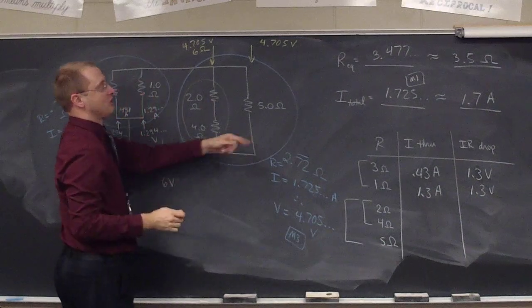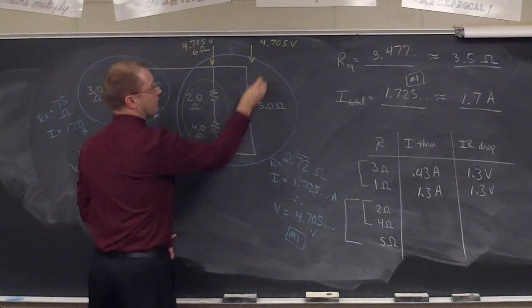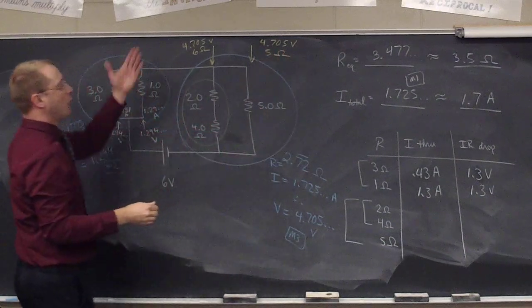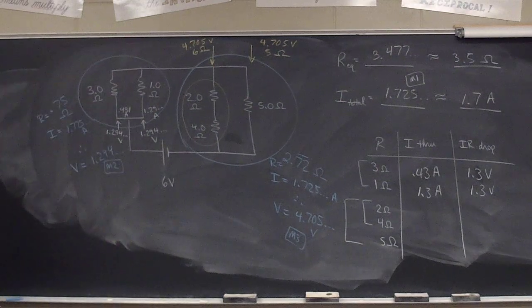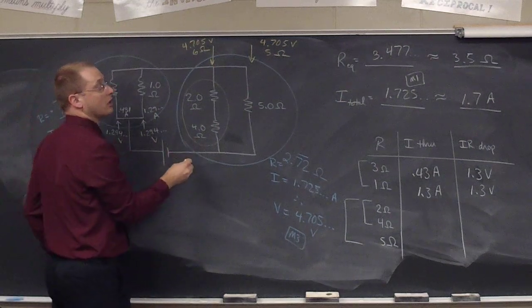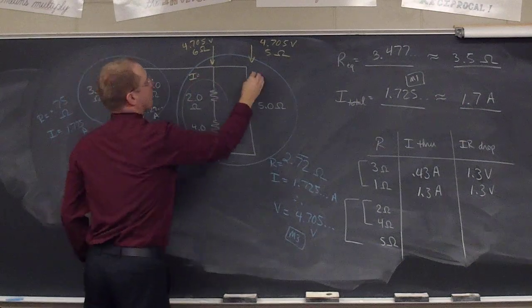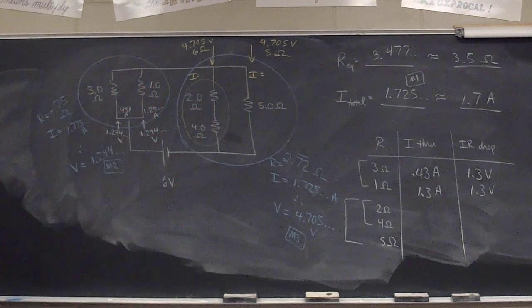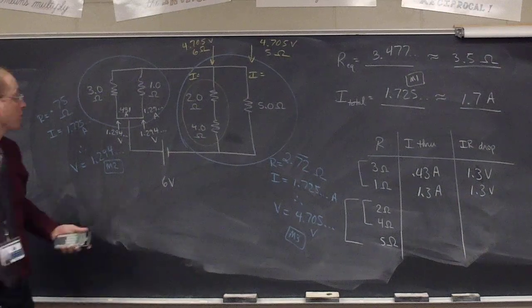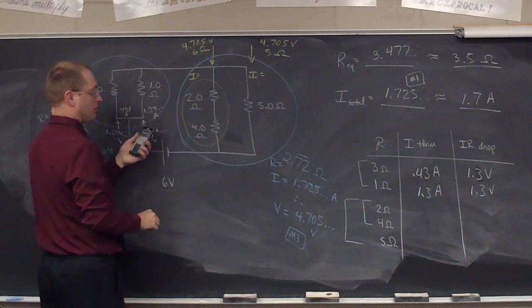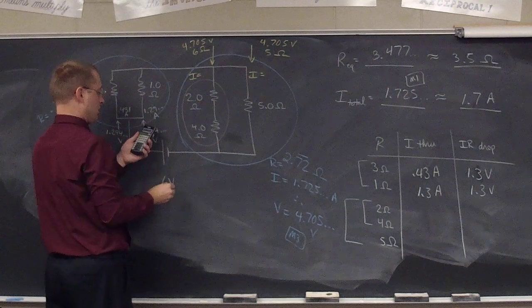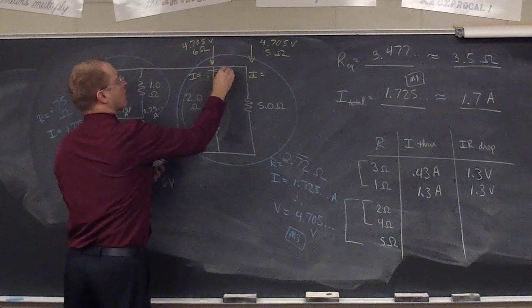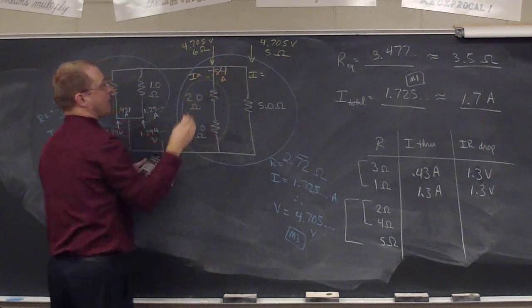What do I know about this branch? 5 ohms. And if I know voltage and I know resistance, I can find current. How much current goes into the first branch? 0.784 amps.